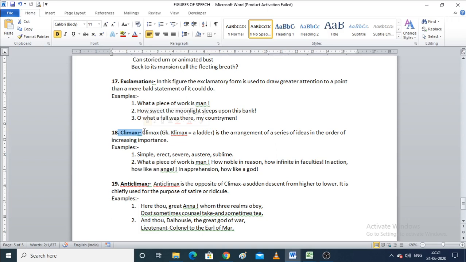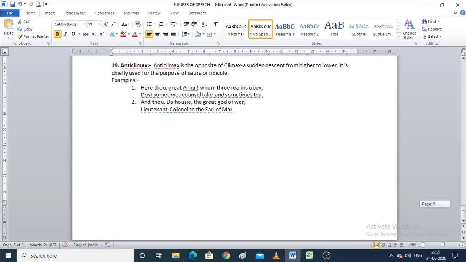Now what is anticlimax? Anticlimax is obviously the opposite of climax. When there is no arrangement of series, when there is a sudden drop from higher to lower, a sudden shock, that is called anticlimax. There is no arrangement, there are no followed steps in that. That is known as anticlimax, right?